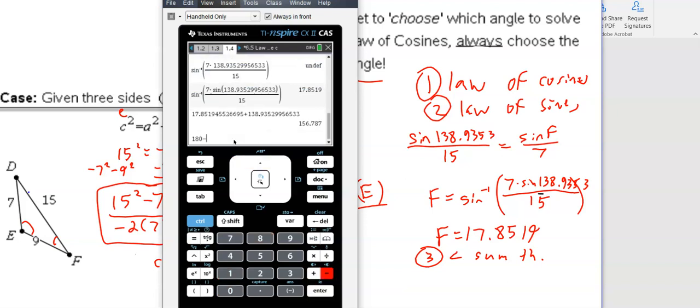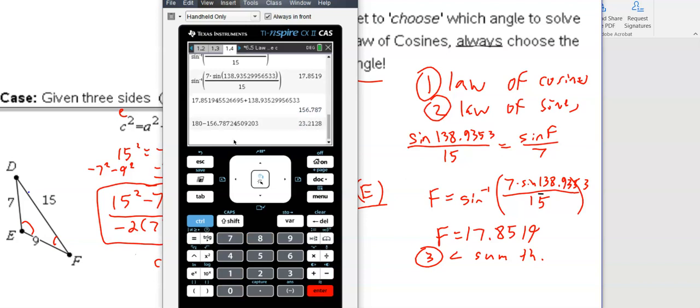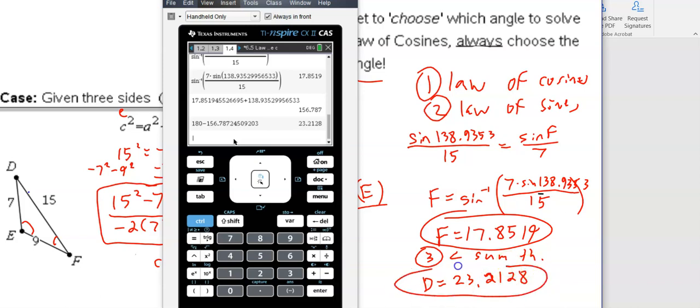Do 180 minus that number, and we get angle D. So that's our F. Angle D is 23.212128. We got it. So the cadence is actually pretty much the same.